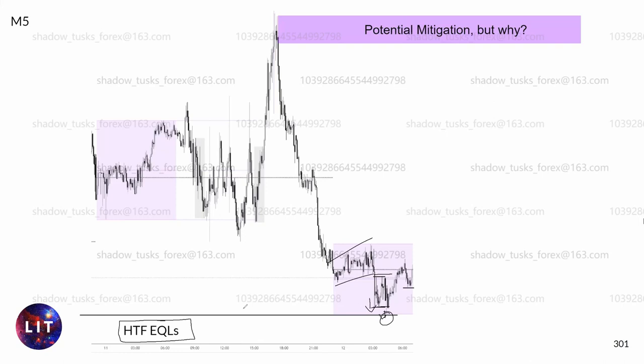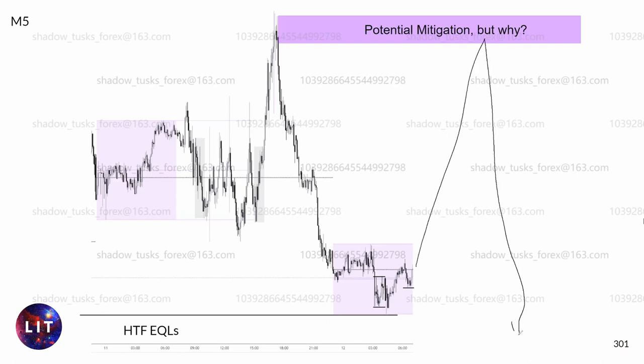Now, what are the possible scenarios that can come from this? Either we give a little reaction and then just smoke down, or we can induce high and come down, or again, we can come all the way up to this mitigation, complete the cycle, and come to the downside.